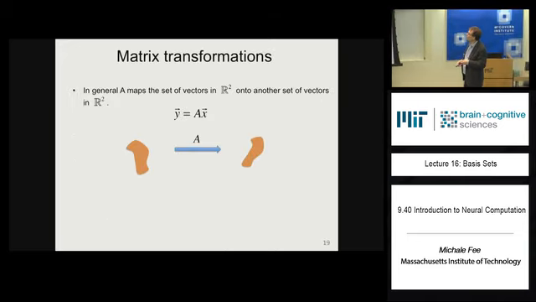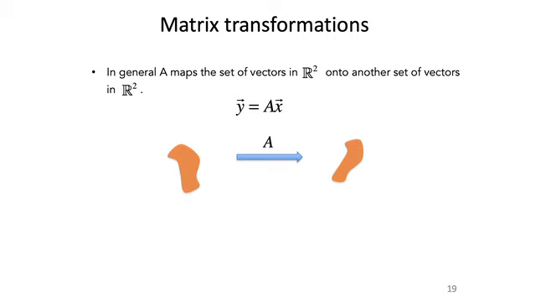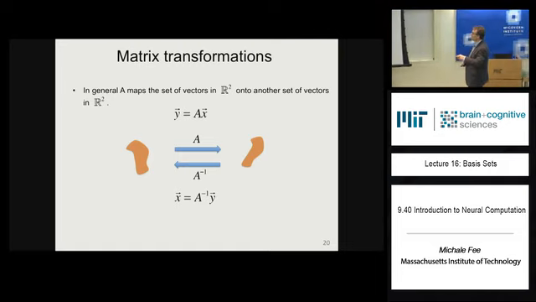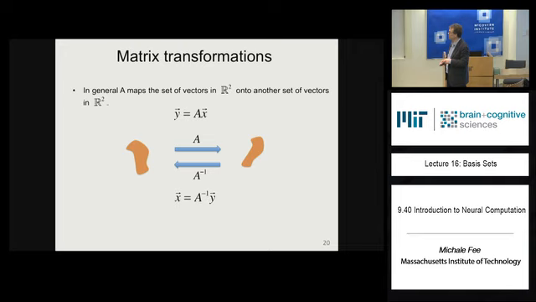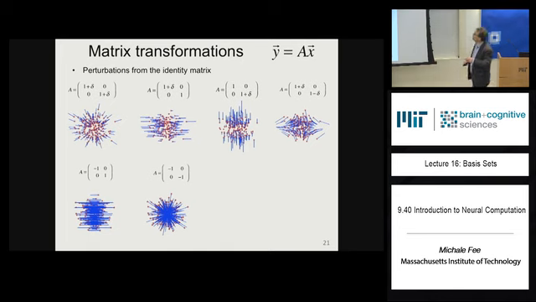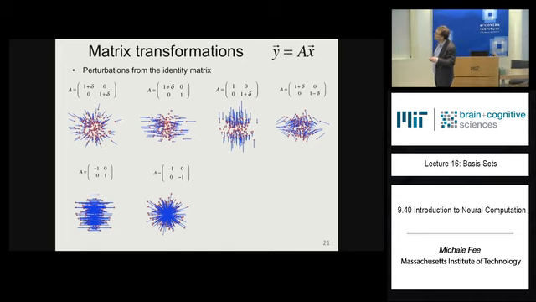Okay, so you remember we talked about how a matrix multiplication implements a transformation from one set of vectors into another set of vectors, and the inverse of that matrix transforms back to the original set of vectors, okay? So you can make a transformation and then you can undo that transformation by multiplying by the inverse of the matrix. Okay, so we talked about different kinds of transformations that you can do.